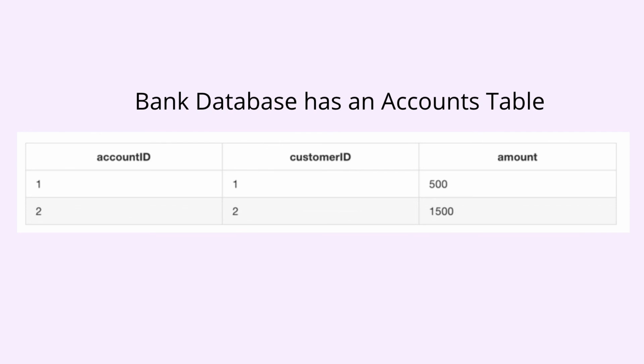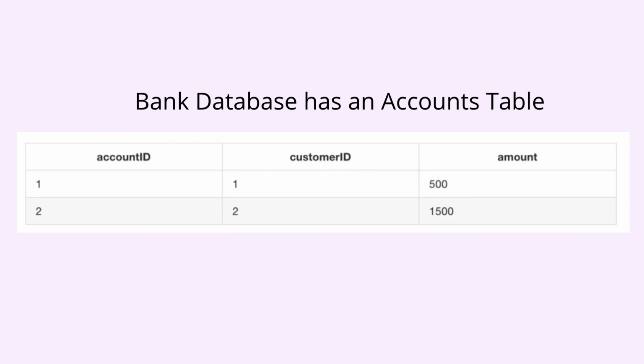This accounts table has just three columns: account ID, customer ID, and the amount that is available against every account. So here what you see is customer ID 1 has an account ID with the number 1, has $500 balance in his account, and customer ID 2 with account ID 2 is having $1,500 in his account as balance.